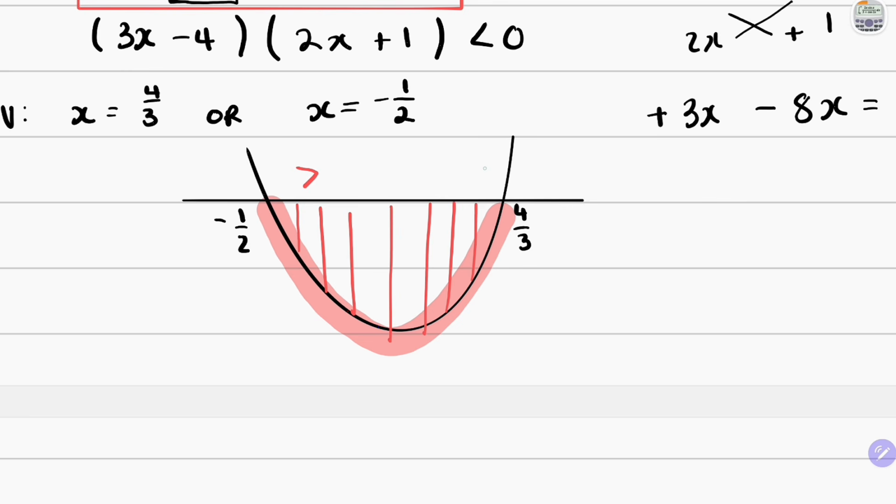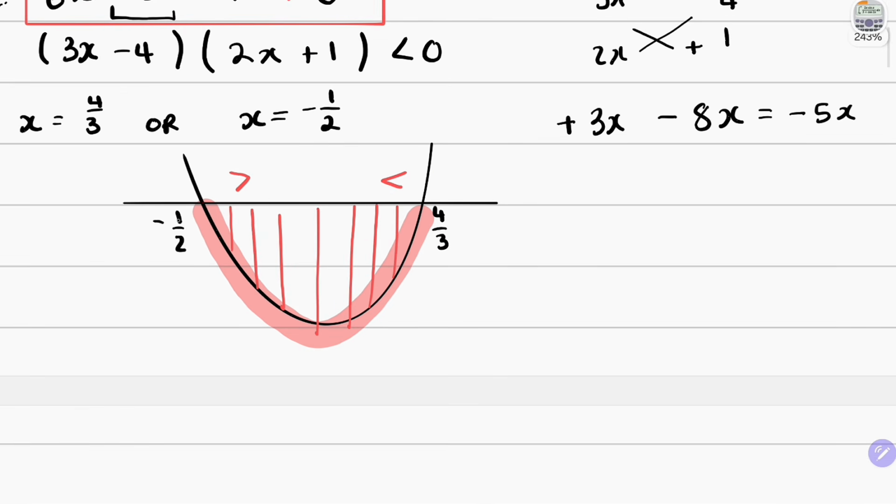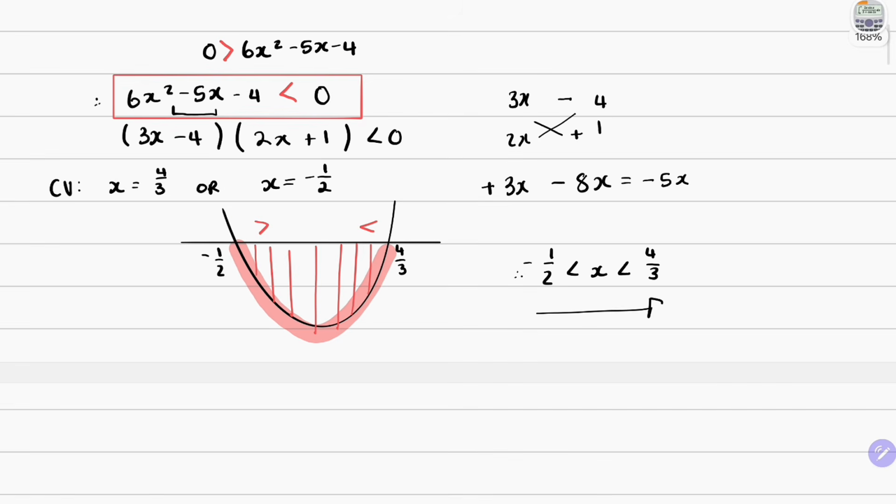So you can see that they are values that are between negative 1 over 2 all the way to 4 over 3. Okay, so we will say that this is where x is greater than negative 1 over 2, but less than 4 over 3. And that is our answer.